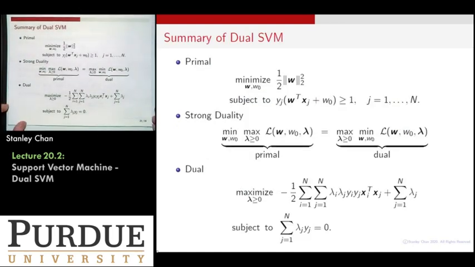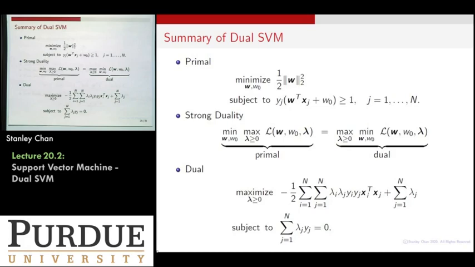So just to summarize what we have done so far, I am not making the problem easier in terms of the optimization. It is as hard as before. However, I have written it into a form that has a structure that will allow me to do the kernel trick, that will allow me to do the nonlinear transform. In addition, this dual perspective allows me to exactly quantify what I mean by a support vector.